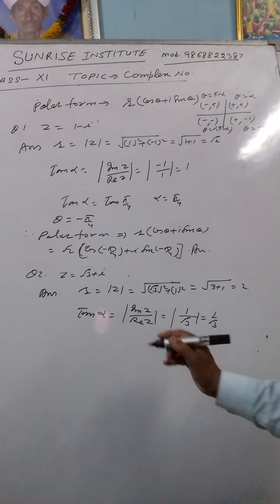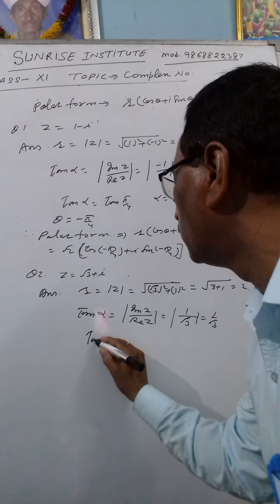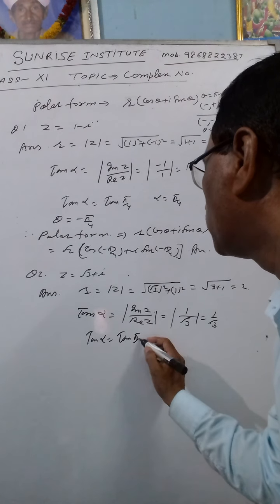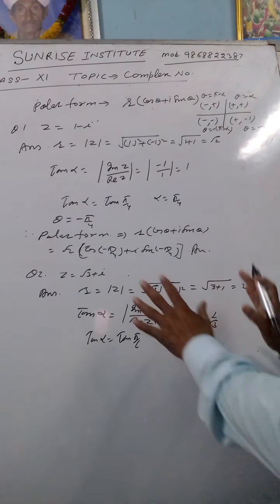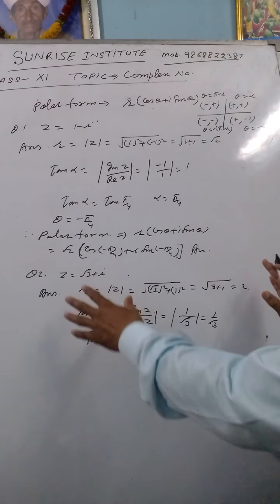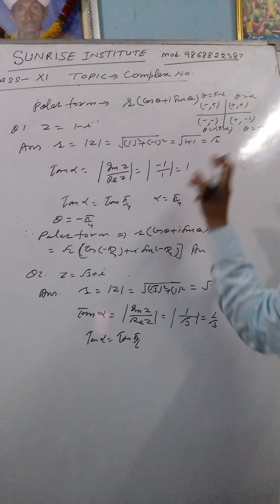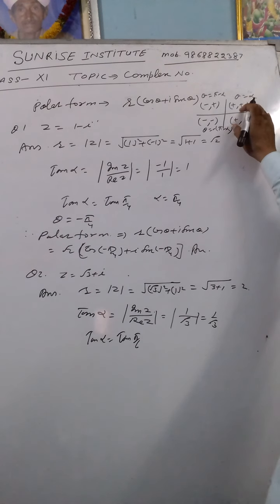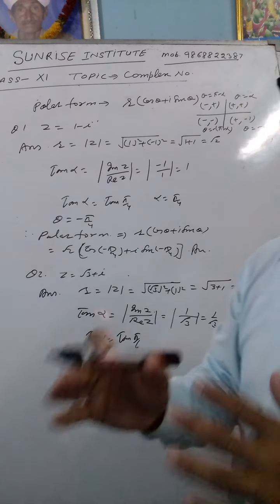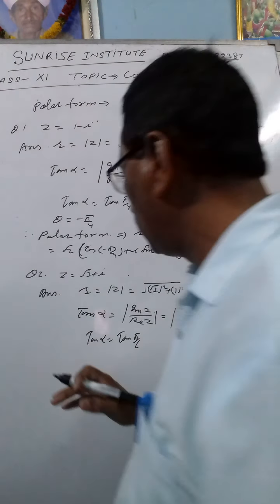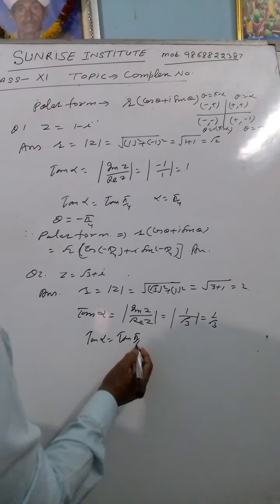Then tan alpha equals tan pi by 6. First we see that this lies in the first quadrant. Plus plus, the imaginary and real parts are both positive, so it lies in the first quadrant. Then tan alpha equals tan pi/6.